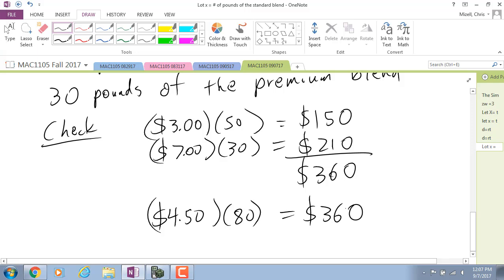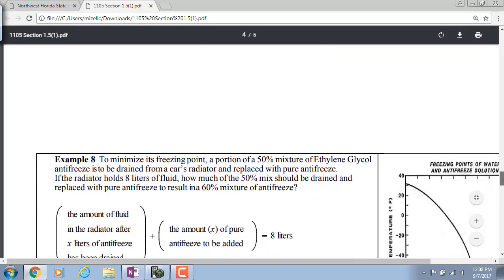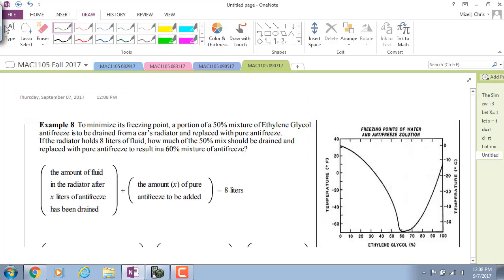Looks like 7 minutes and change. I want to take a peek at this last example here. Notice the graph on the right. If we want to minimize the freezing point of a mixture of antifreeze, if it gets really, really cold, a lower freezing point is a good thing.